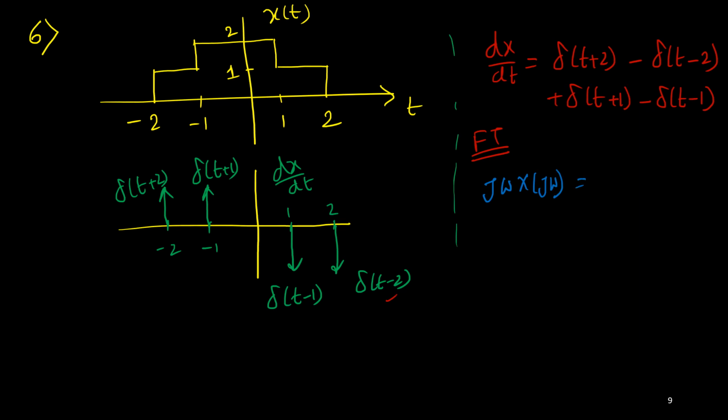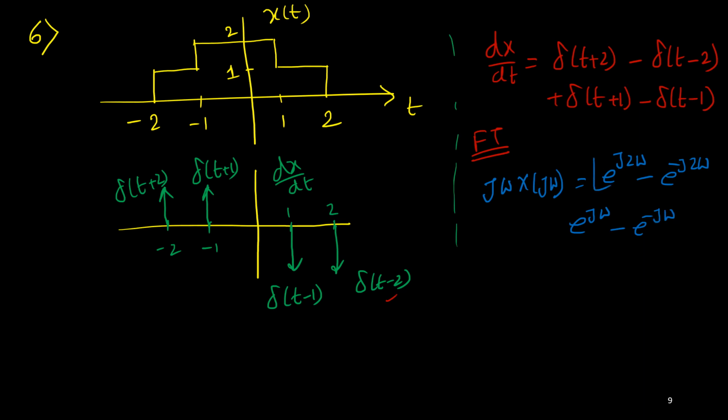The first is e to the power j2 omega minus e to the power minus j2 omega, then e to the power j omega minus e to the power minus j omega.